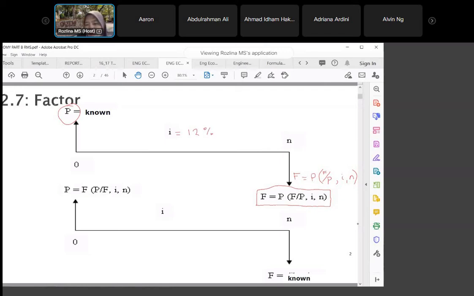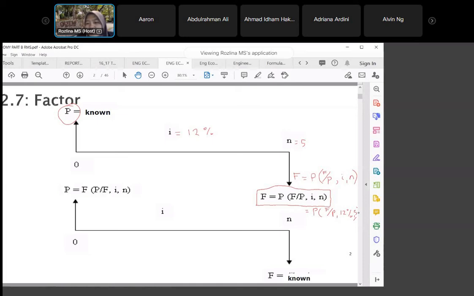Let's say I is 12%. So that means F over P, I is 12%. N, let's say, is 5, tadi 5 kan? Okay, 5.